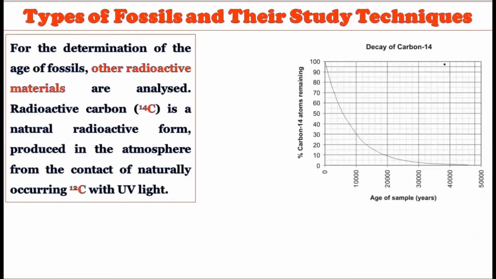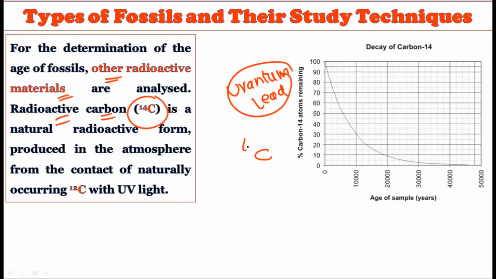Now see, for the determination of the age of the fossil, other radioactive material is also used, okay. Not only the uranium lead technique, which is a popular technique, but also other elements. For example, the radioactive carbon, which is the C14 carbon, is the natural radioactive form produced in the atmosphere from the contact of the naturally occurring C12, okay, with the UV light.